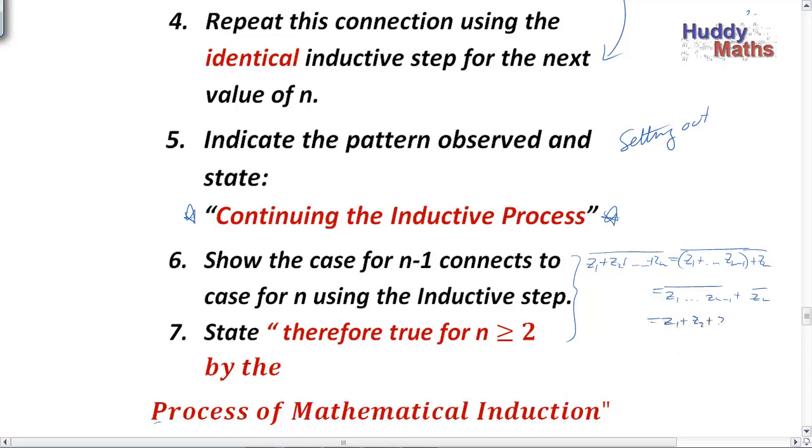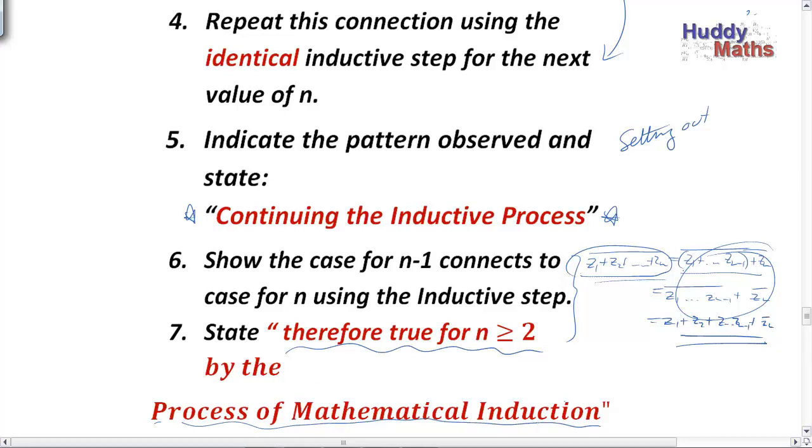Now you don't actually have to do this in this course, but I think it's a good idea to show ultimately that the nth case will be able to be attacked with the same splitting of terms. And therefore, at the end, even without this, you make the statement, therefore true for n greater than or equal to 2 by the process of mathematical induction. You should make that formal statement. It's a more casual type of proof than by the principle of mathematical induction, but it still is a proof and should have a mathematical precision to it.